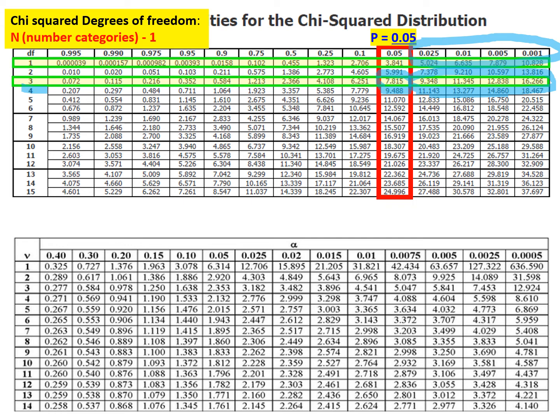So the bigger the chi-squared value is above the critical value, the smaller the p-value gets, lower than where we actually set the original p-value. So a chi-squared value of 9.5 is bigger than the critical value of 7.815. Therefore, the p-value in this experiment will be less than 0.05.